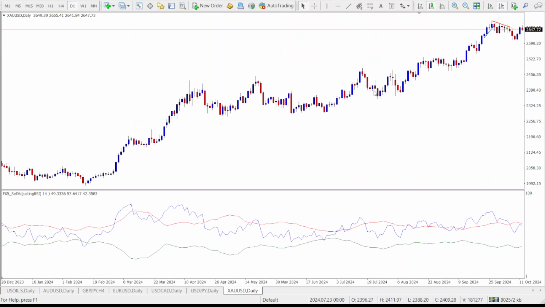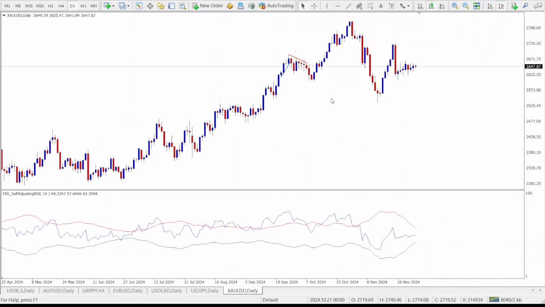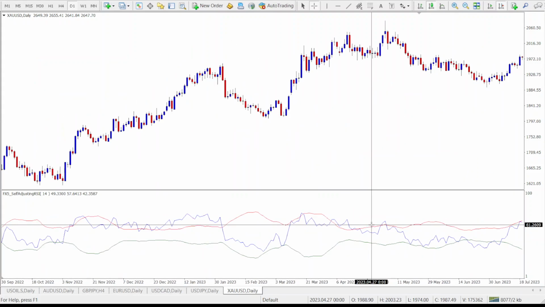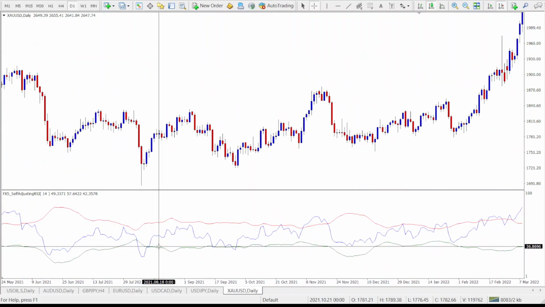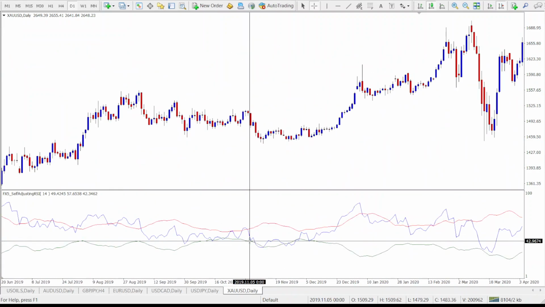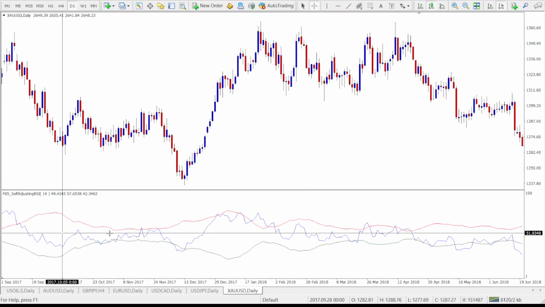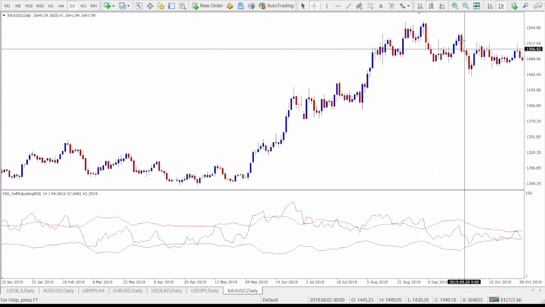Now, one of the things to note is that the indicator mostly moves within the middle of the indicator window. In most cases, as you can see, it is just moving within the middle of the indicator window.